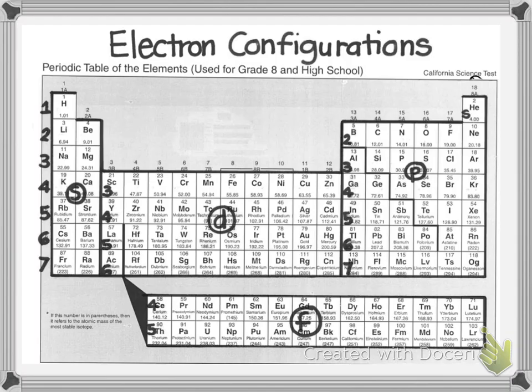On the exam, you will get this periodic table, but not with it labeled for electron configurations. So once you get the periodic table, you can write whatever you want on it, but it will not be labeled like this. So let's first look at the labeling, and then we're going to do several examples.